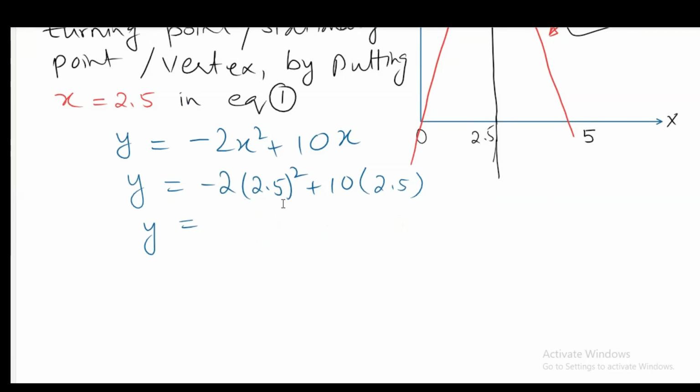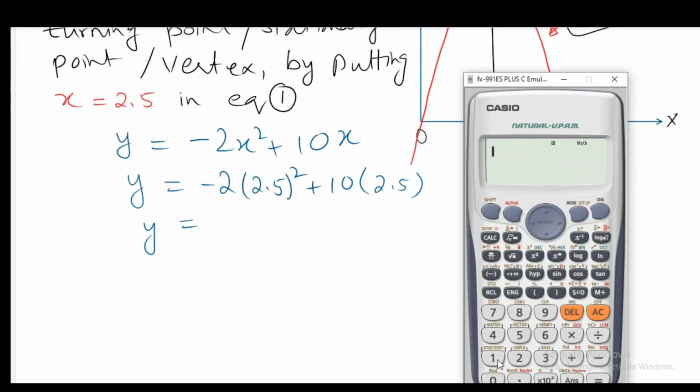So y equals minus 2 times 2.5 squared plus 10 times 2.5. It will be 12.5.